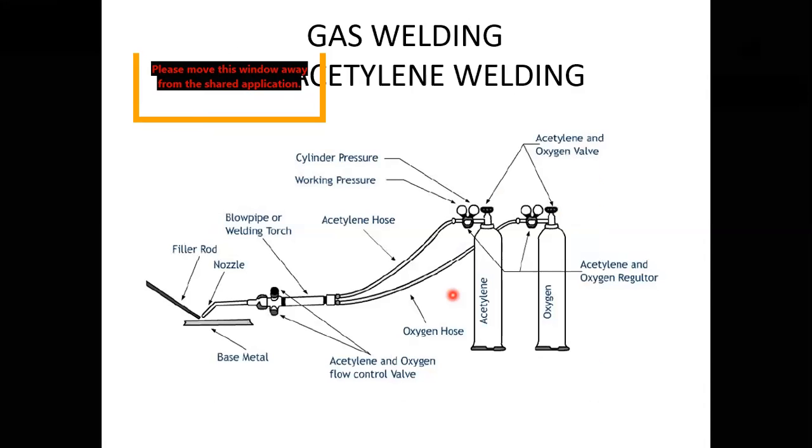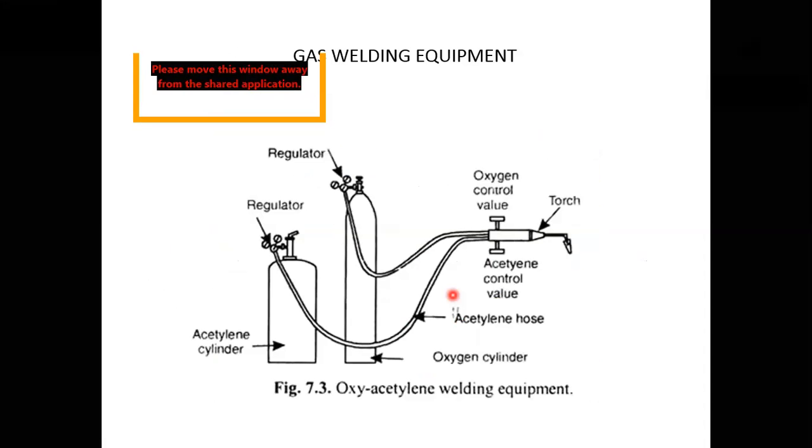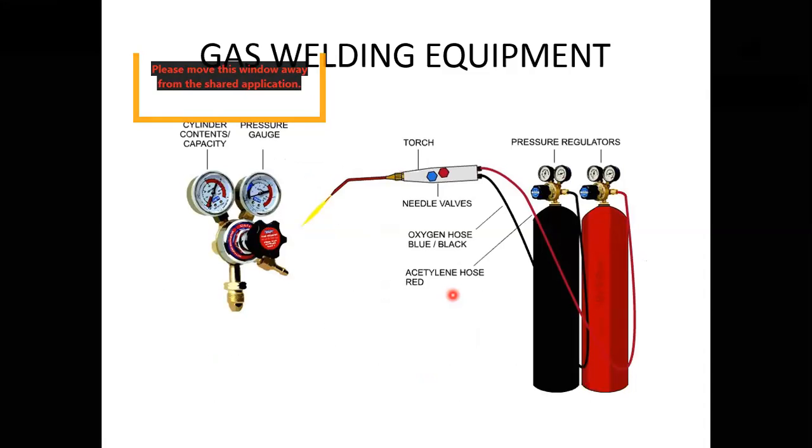Just now I explained it. Right. So another sketch of the gas welding, and this is the photograph actually. So two cylinders are there. One is for acetylene, and another one is for oxygen. These two gases are to be mixed properly in proper proportions.